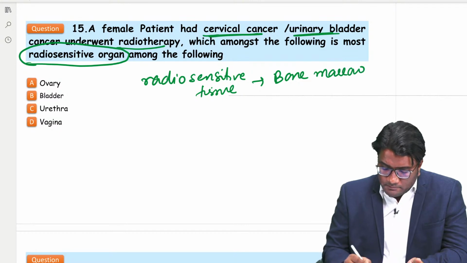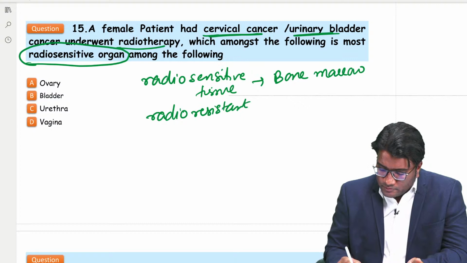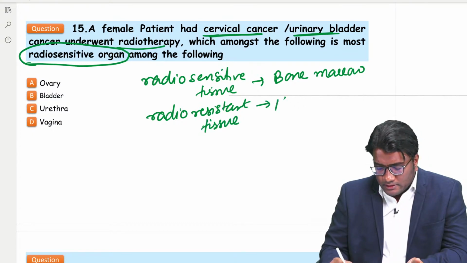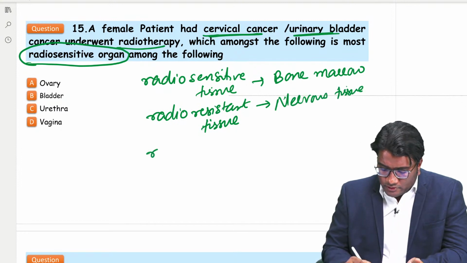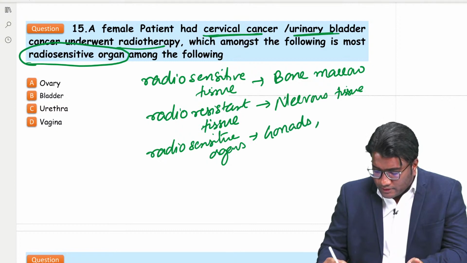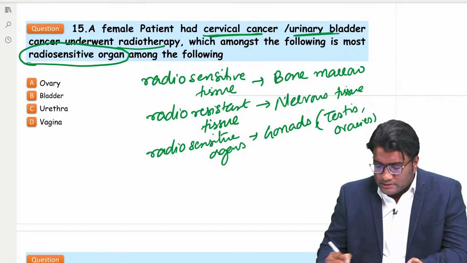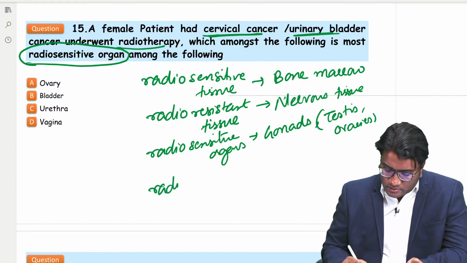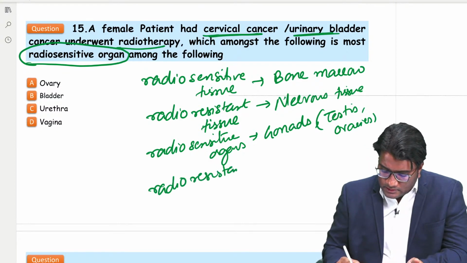And what is the most radio-resistant tissue of the body? The most radio-resistant tissue of the body is the one which is very well differentiated and non-dividing. That is your nervous tissue, CNS. But if they ask you the most radiosensitive organ, which has multiple tissues, that would be your gonads, especially your testes, more than ovaries. So gonads, testes, and ovaries would be radiosensitive. And what is the most radio-resistant organ?